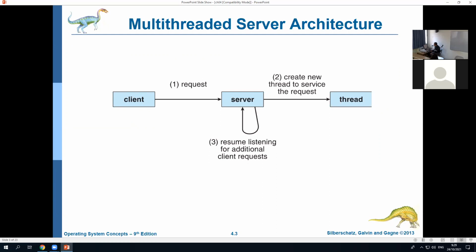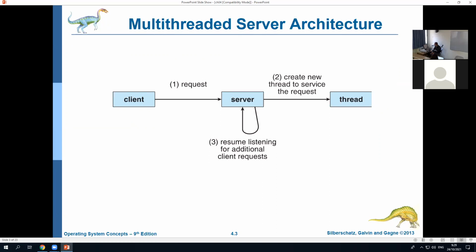Multi-threaded server architecture. We talked about this a little bit. The server is sitting there listening for requests for information. And the minute there's a request for some connection, it creates a thread, a child process. We kind of did this in the lab. We did fork, that's an actual process.